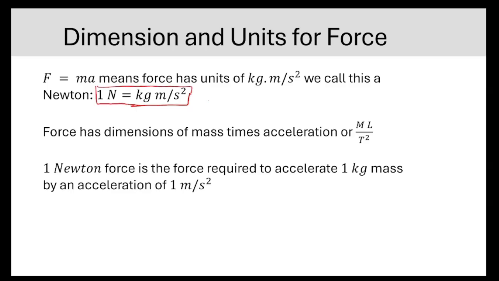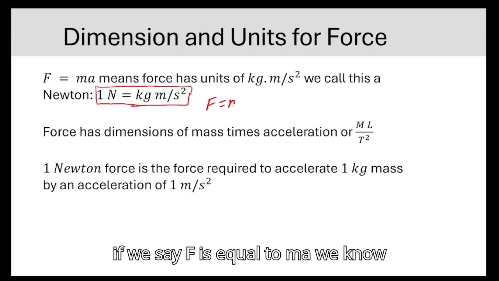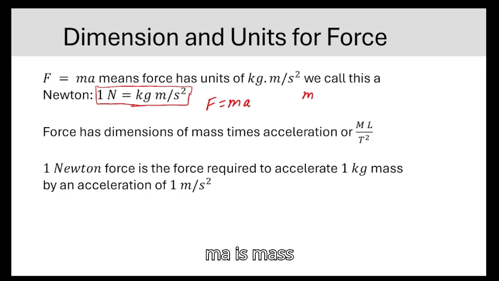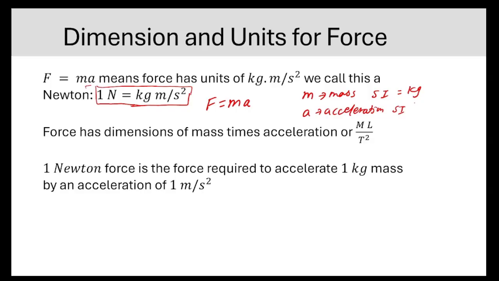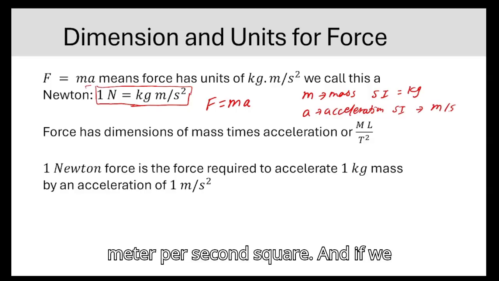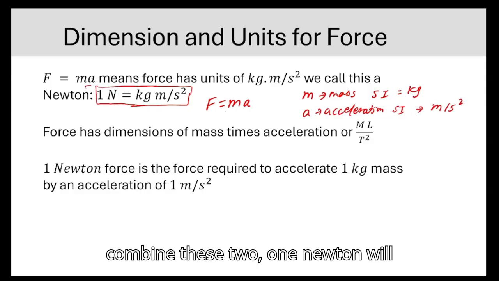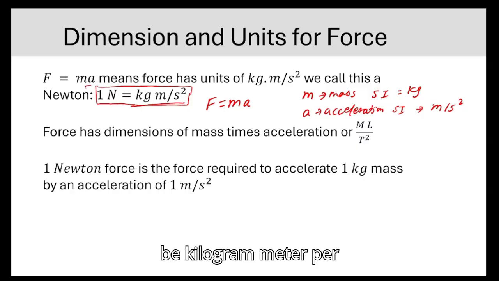Because if we say F equals ma, we know m is mass, and the SI unit is kilogram, and a is acceleration, and the SI unit is meter per second square. And if we combine these two, 1 Newton will be kilogram meter per second square.